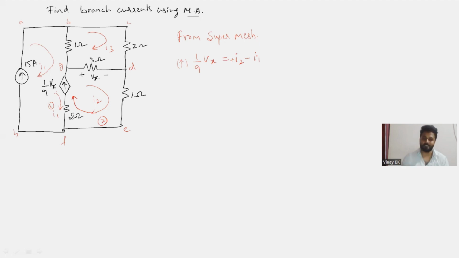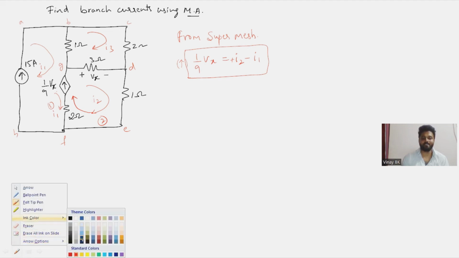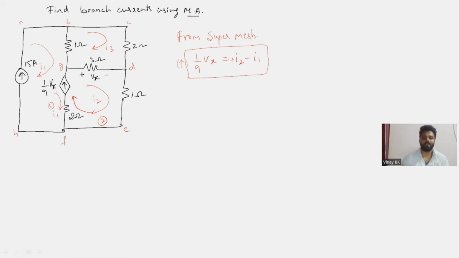So I'm writing 1 by 9 Vx equals I2 minus I1. This is the equation from the super mesh. But you need to substitute the value of Vx, because they mentioned Vx, that's nothing but the voltage drop across the 3 ohm resistor. You can see Vx.